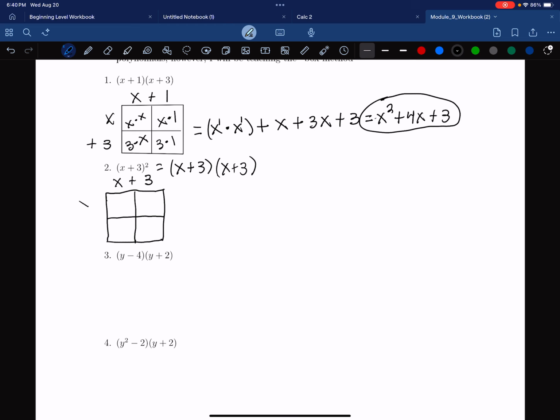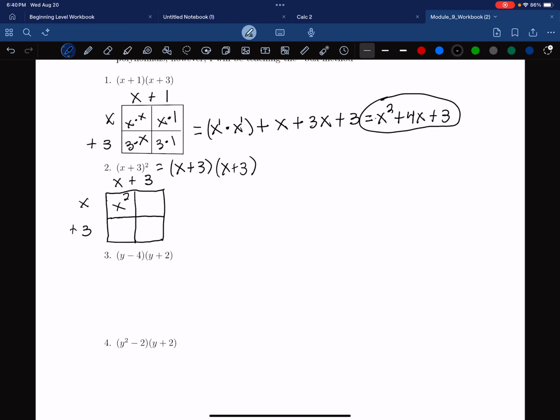I'm going to transfer the other x plus 3 off to the side here. So I'm going to do x times x, and remember we can just add the exponents. It's going to be x to the 1 plus 1, which, if you need to keep that there in the box, you can, but I'm just going to erase that and put x squared.